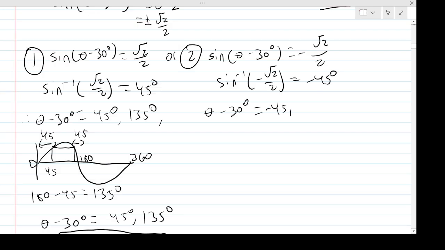To find the next solution, if we consider the sine graph, with 360 there, minus 45 we would have to go backwards a little bit, wouldn't we? That'd be minus 90, so minus 45 would be there. Then the next solution after minus 45 would be there.